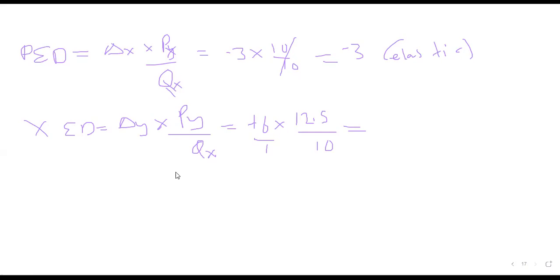Please help me by responding. I don't have a calculator with me, so I will assume people have understood. So 6 times 12.5 divided by 10, we get 7.5. So 7.5 is positive. So positive elasticity means these are substitute goods.